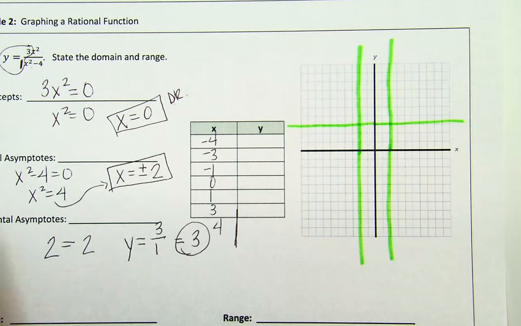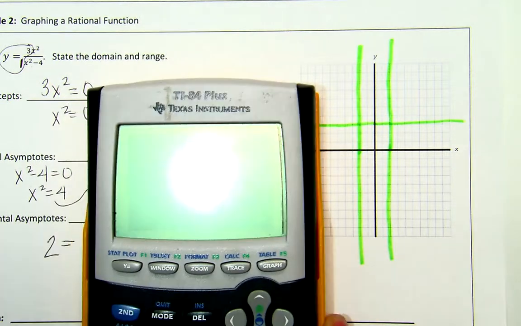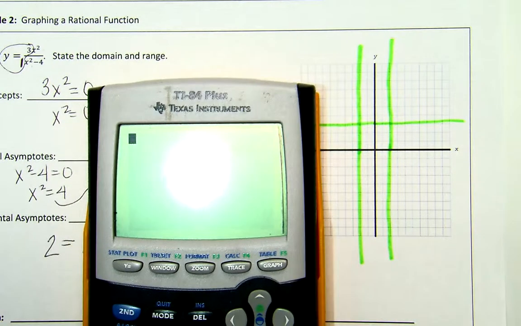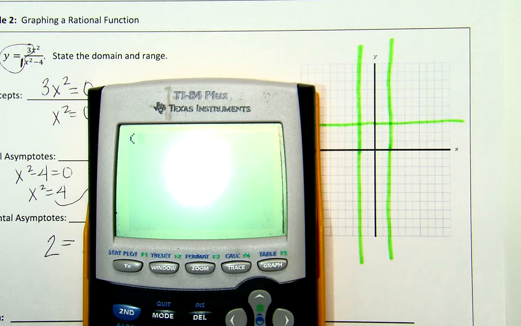How I'm going to use my calculator for this, I'm going to start off with negative 4. I'm going to plug my numerator in parentheses. So 3 times negative 4 squared, that's my numerator, divided by, I'm going to do 2 parentheses again.